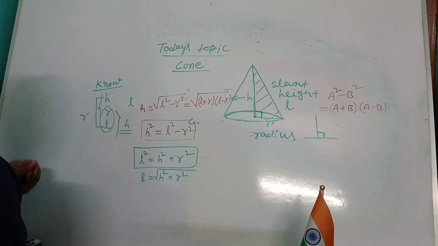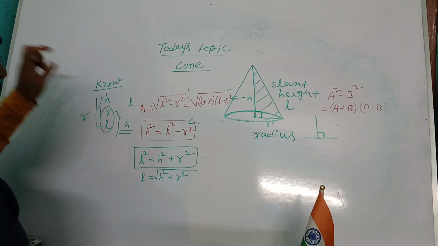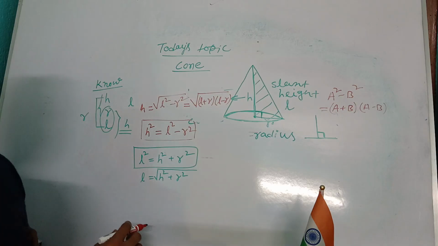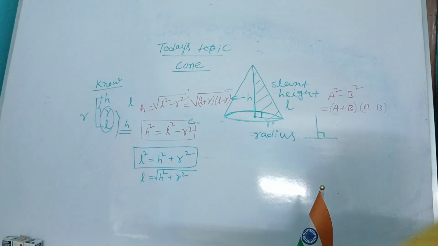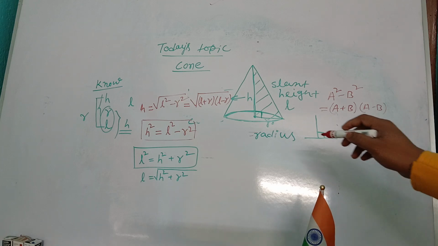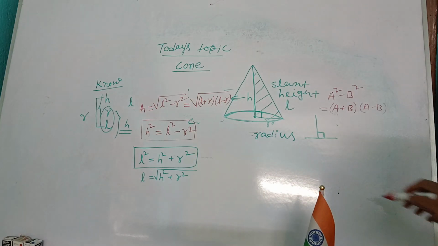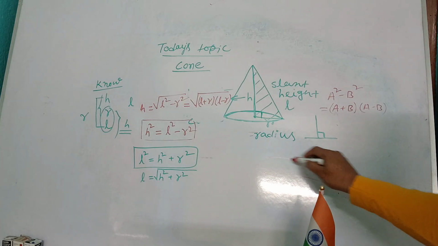Similarly, for example, H and L are given and you have to find R. Wait, let me check whether it is visible or not. This part is visible, but there is a reflection, so this line part is not visible up to this.